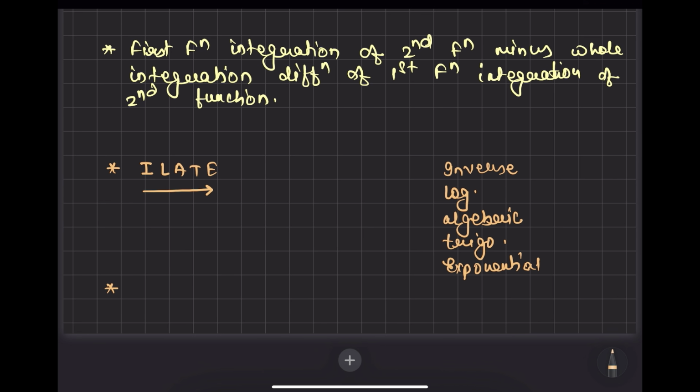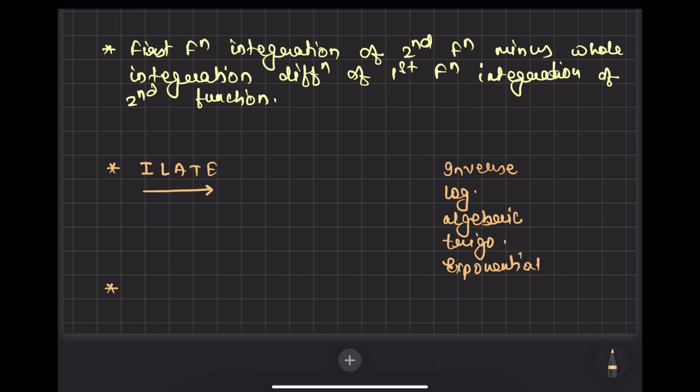Now suppose right now I ask you, according to you, which chapter is easy, differentiation or integration? You may answer, sir, differentiation was easy, because you have already studied differentiation and solved so many questions. So with time you have built greater understanding of differentiation.